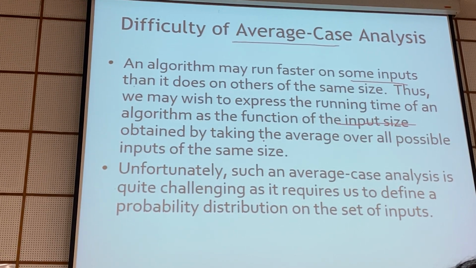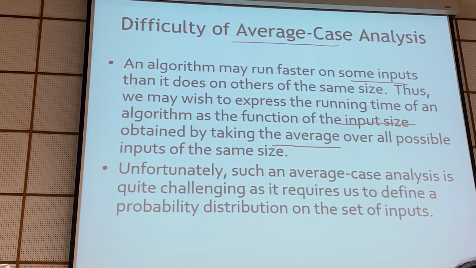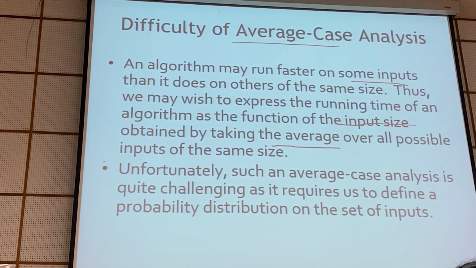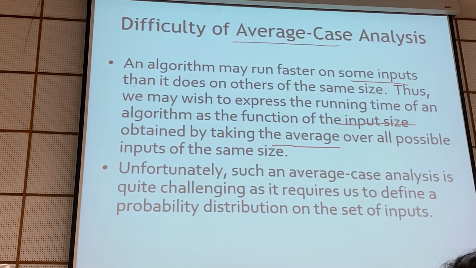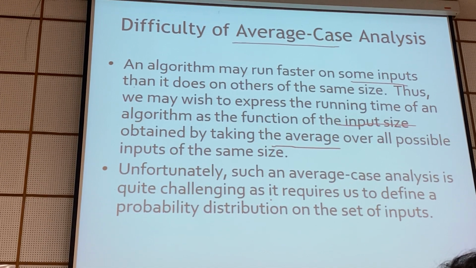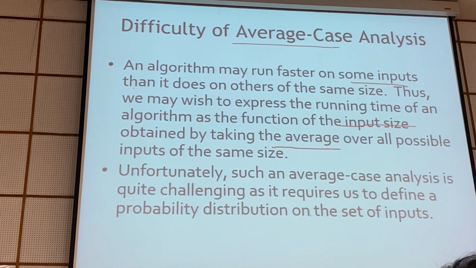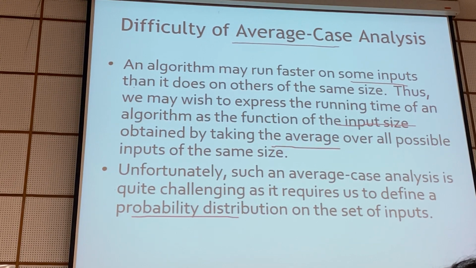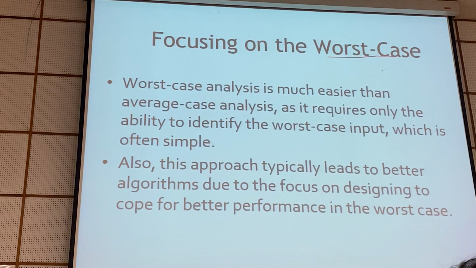Now, to obtain the average, we must take the average over all possible inputs of the same size. Unfortunately, average case analysis is quite challenging, because we have to use the probability distribution. So that's why we focus more on the worst case scenario.